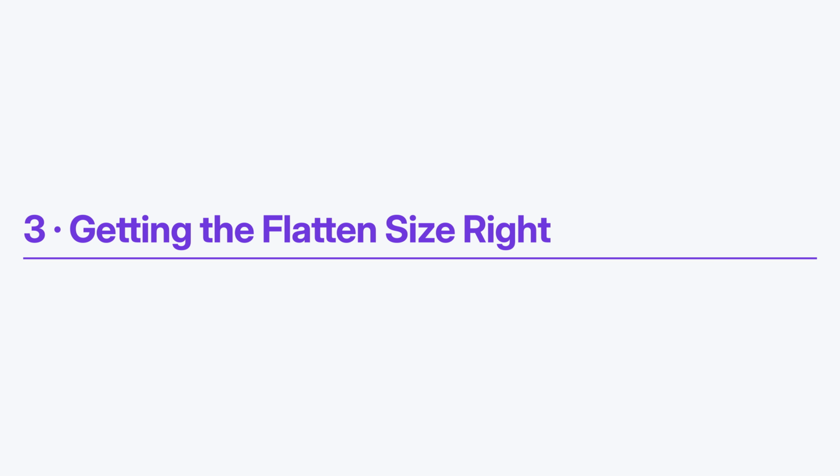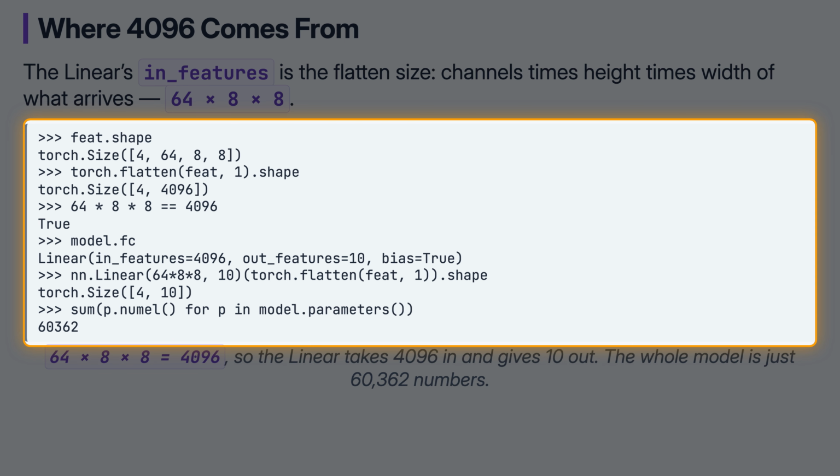Now part 3, getting the flatten size right. The linear's in_features is the flatten size, channels times height times width of what arrives. The last conv block gives 64, 8, 8. Flatten turns that into 4 by 4096. And the arithmetic checks out. 64 times 8 times 8 is 4096.